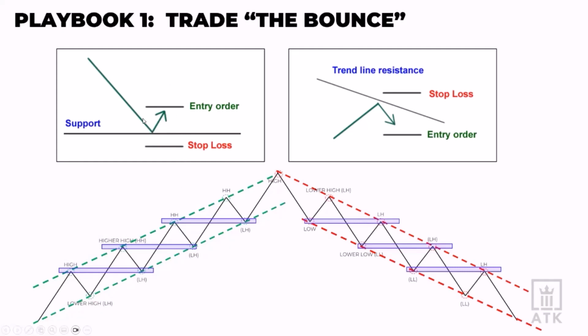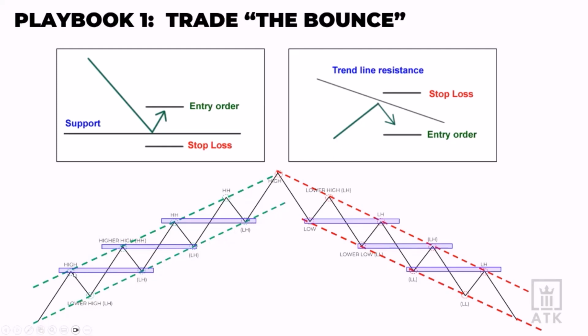So price comes down, it bounces, we enter an order, and price runs up. And we catch all of that pip movement. And then we can do the same thing on resistance on a trend line. So this is horizontal support, where it's old resistance turned support or old support turned resistance. We can do that there, but we can also do it on a trend line, a bounce off a trend line.